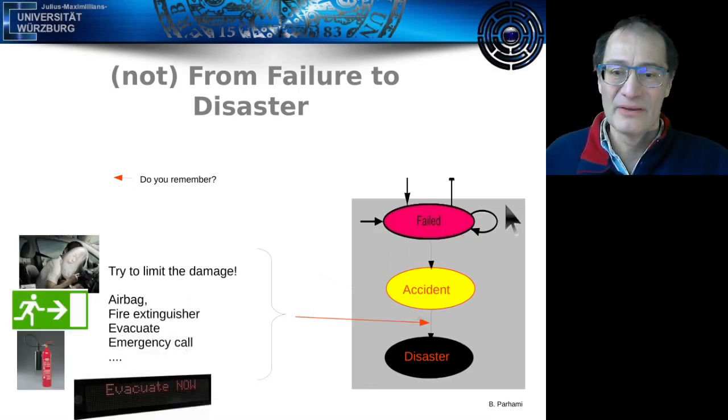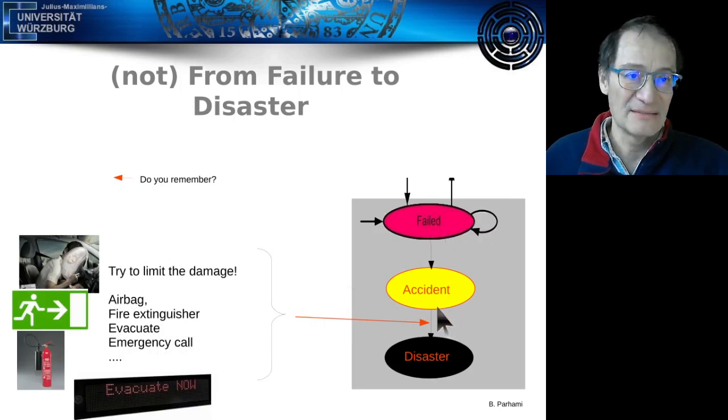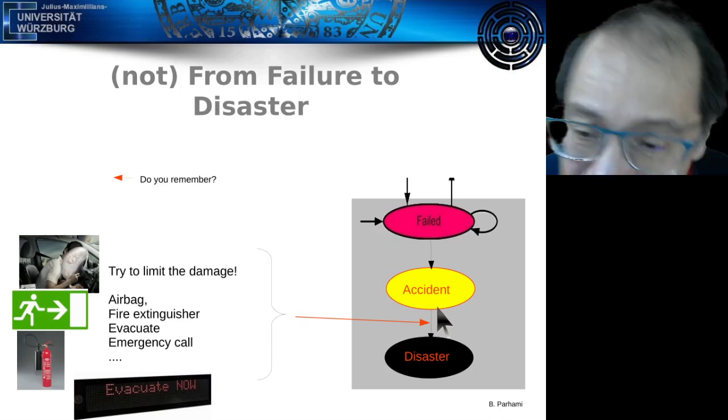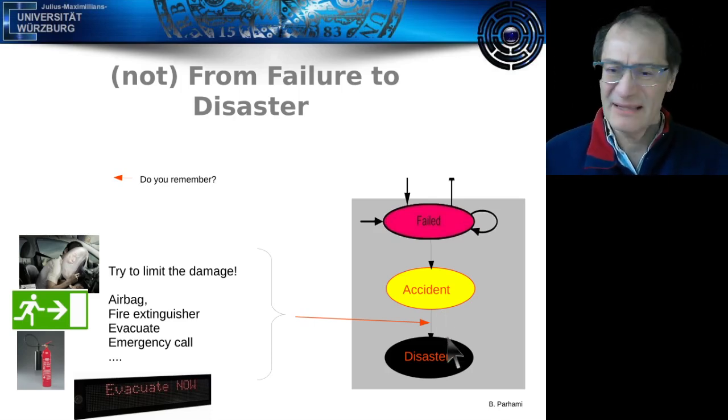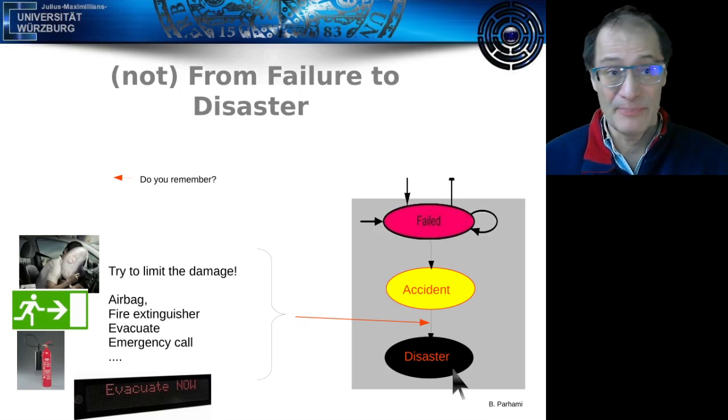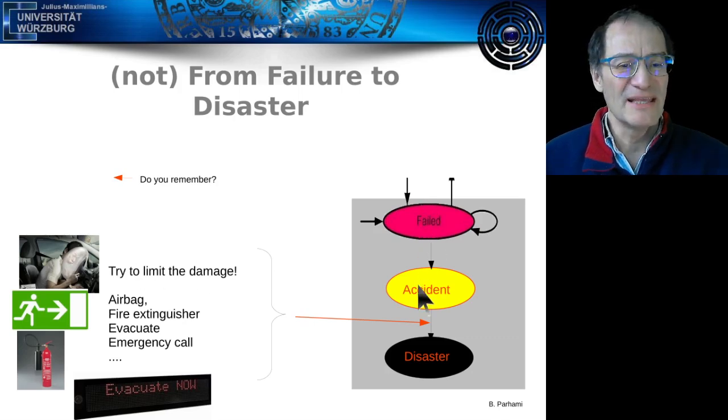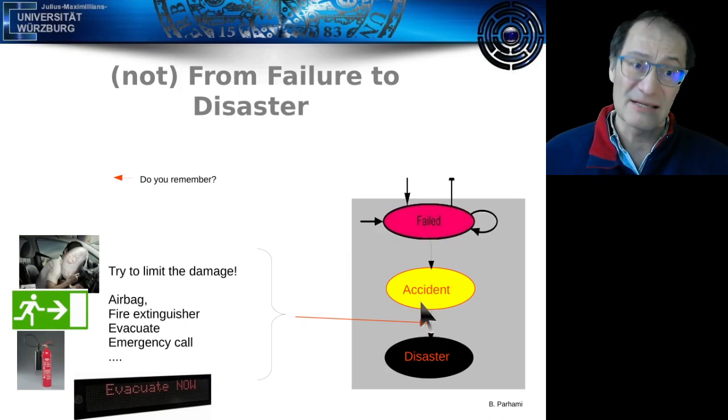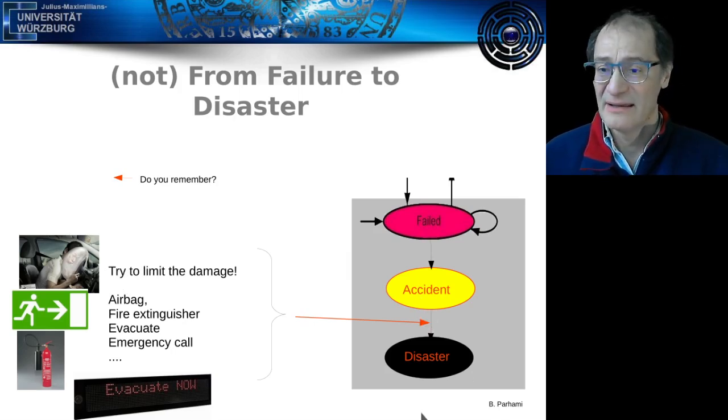Or we were not able to avoid this. Then we have an accident. But still, we shall do everything we can to avoid the disaster, to protect the pilot, to protect the people. These are typical cases. We can say up to here we did everything to avoid the accident, but the accident occurs. Okay, then what can we do?